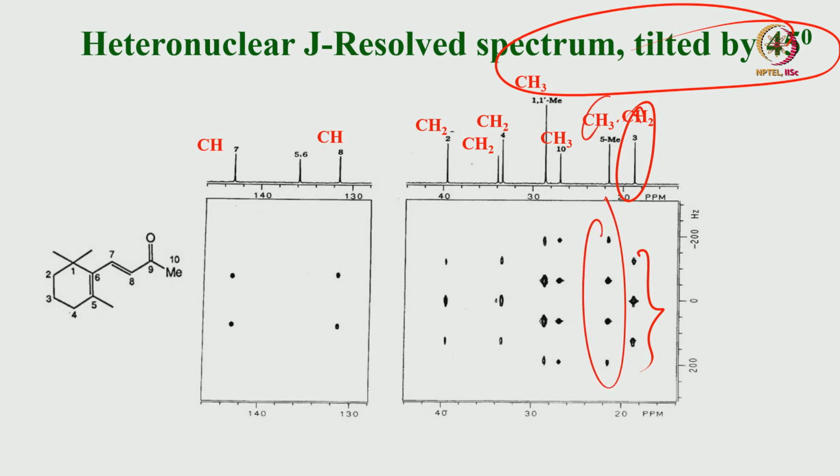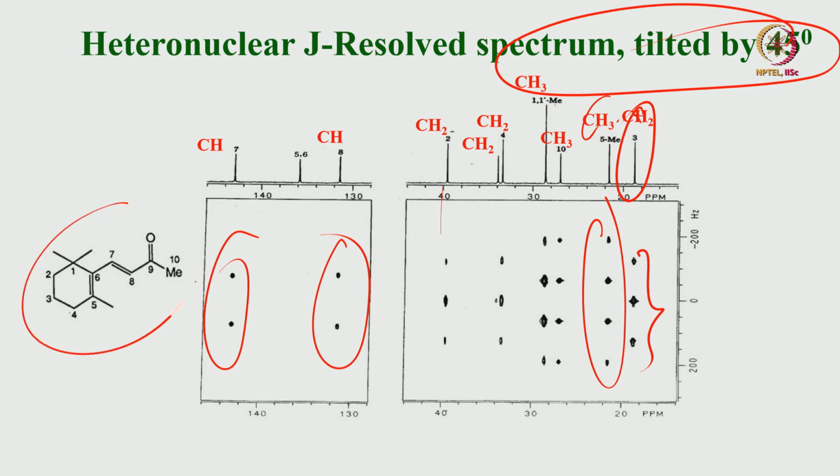Beautiful: CH3 quartet, CH2 triplet, and CH is a doublet. Very easily you can measure all the one-bond carbon-proton couplings for this molecule. Simply do the experiment, tilt by 45 degrees, and you will measure the J couplings, and the projection gives you the corresponding chemical shifts.